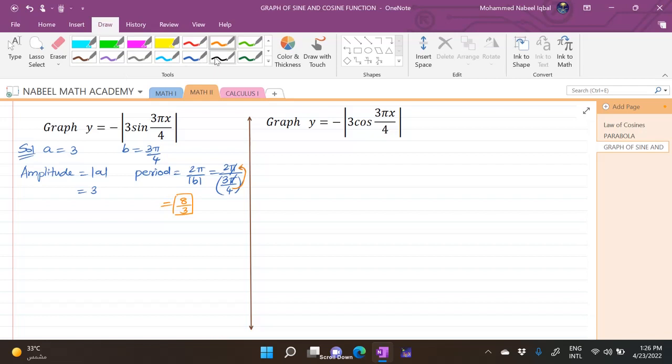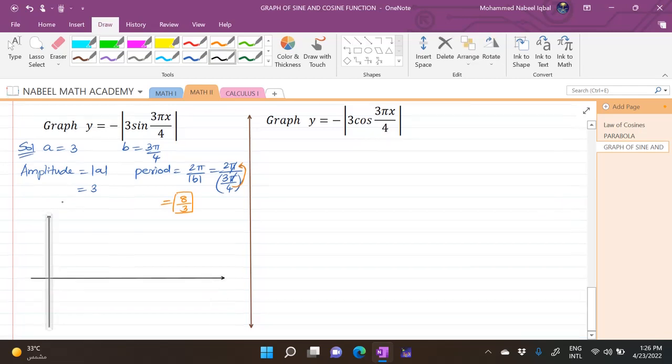Now I start the graph by drawing the x-axis and this is my y-axis. What about the technique we will follow? 0. So this is the amplitude, which is plus 3 and minus 3. Then we will have the full period, which is 8 over 3. You have to divide it by 2.